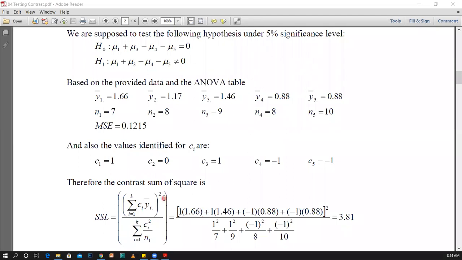Then plus, for the second term, there is no such value. Therefore, C2 value is 0. If you need, you can insert it into the calculation. Here, since the value is 0, I have not included it. If you need, rather than writing it here, you can say plus 0 times this value, which definitely becomes 0.